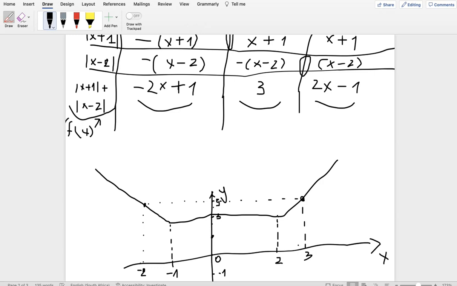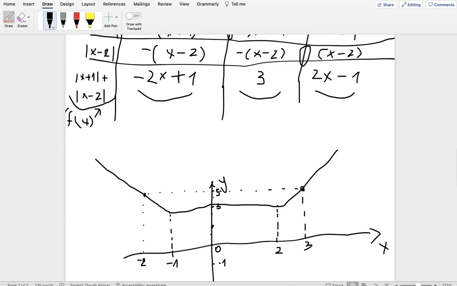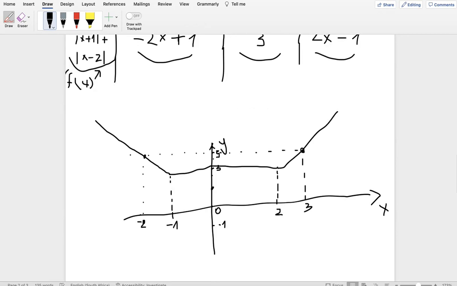So when you do it in a test or in an exam, you would have to do it clean with rulers and pencils. But since we're just practicing in here, I'll just show you roughly how to do it and what it should look like. And when you do it neatly, you will see that you should have a shape that is more or less the same. So, any questions?